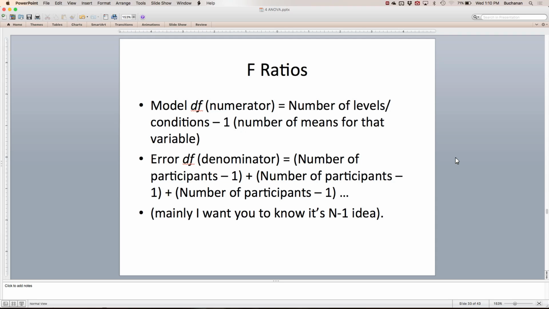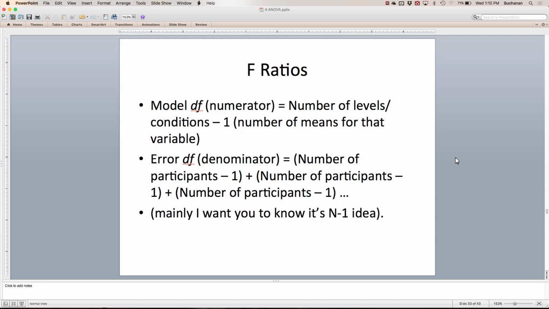Error degrees of freedom is participants minus one plus participants minus one plus participants minus one. So you're out of groups. If you have 4 groups, you do that 4 times. I don't care if you remember these, but I want you to get the idea that it's still n minus 1. So for t-tests, it was n minus 1 or n minus 1 plus n minus 1. For ANOVAs, it's a variation on that theme.